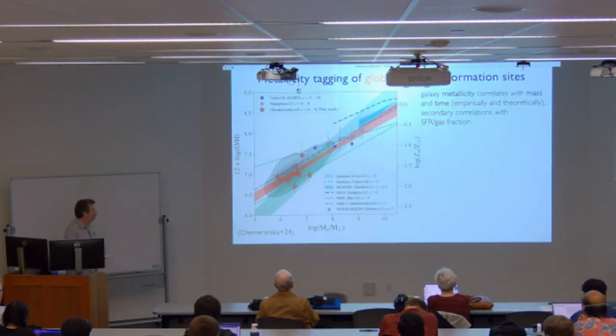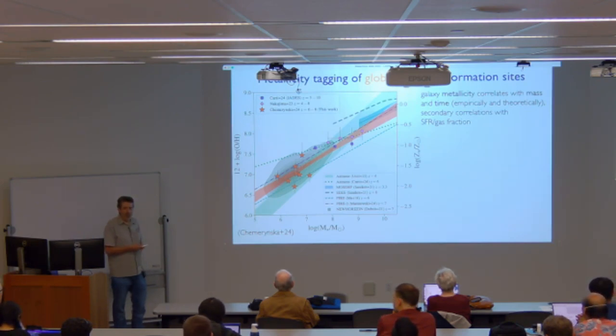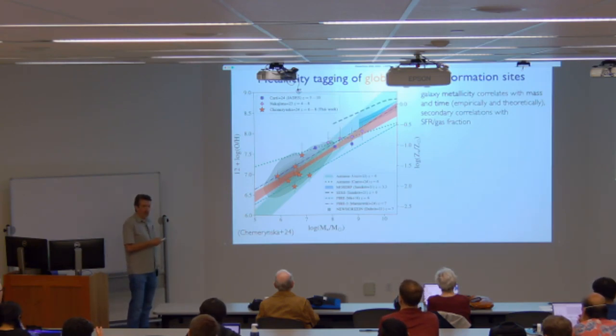Okay, so the next formation clue about globular clusters is their metallicities, and we can start using that as a tag. Without even thinking about models, let's just look at the observations about where these low metallicity environments were when the globular clusters formed. Where and when did those occur? And now with JWST, we're getting more and more data about the high redshift universe, the evolving mass-metallicity relation.